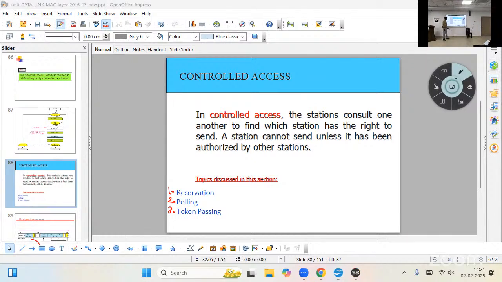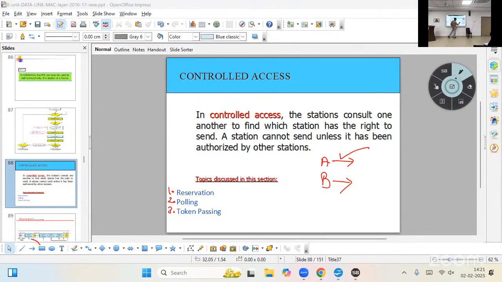Okay. For example, A is there, B is there. If A wants to send the data, those who have reservation, or those who have polling, or those who have token passing will be sent first.